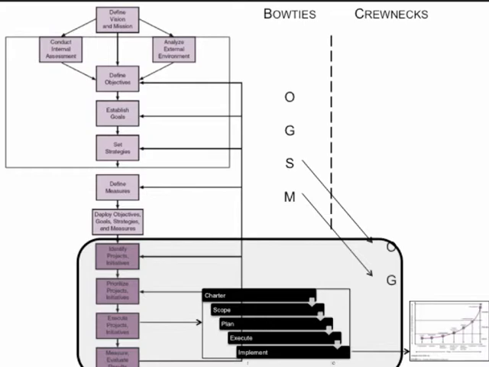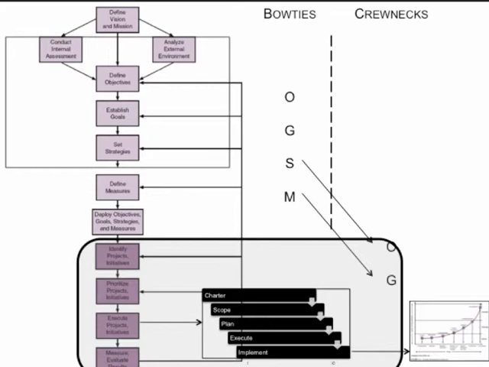Those strategies and measures then define the objectives and goals for the operational side of the organization. So the bow ties go through the OGSM model to tell the crew necks what to do. Again, I'm sorry for the crude use of the phrases there, but I'm just trying to illustrate the difference in the strategic thinkers and the operational employees who get the work done. And we talked about how sometimes there's this lack of communication between the bow ties and the crew necks.